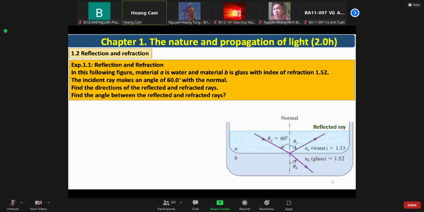Yeah, for the angle between the reflected and refracted rays, you mean? Yes. How can you solve that? You can tell the idea to solve that as well.